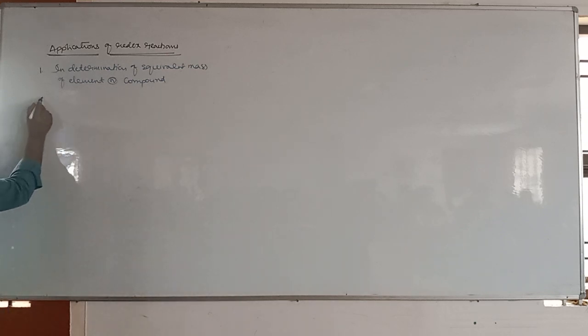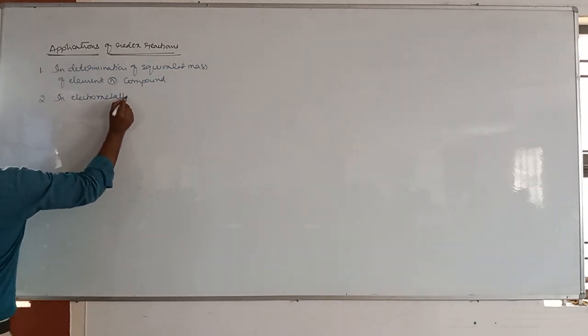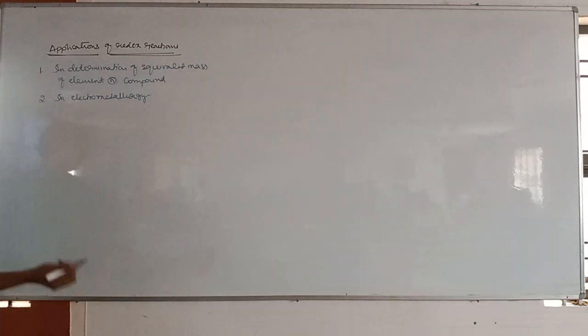Next, the second application: redox reactions are used in electrometallurgy, right? In the metallurgy topic we study extraction of metals and purification of metals. So in electrometallurgy redox reactions are used, even in electro purification and electroplating. In these three processes we use them. Second one, in electrometallurgy, which we study in the metallurgy topic in detail.